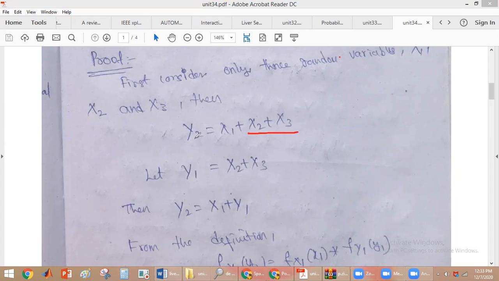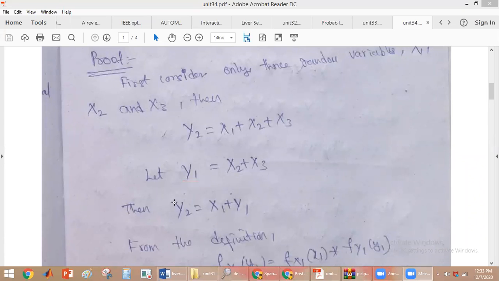So then what is y2 now? We substitute y1 in the place of x2 plus x3. So y2 will be x1 plus y1. Now, from the definition of the sum of two random variables we have discussed, y2 is the sum of two random variables, x1 and y1.